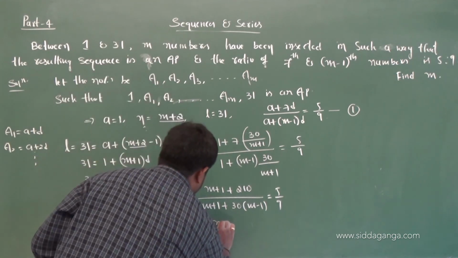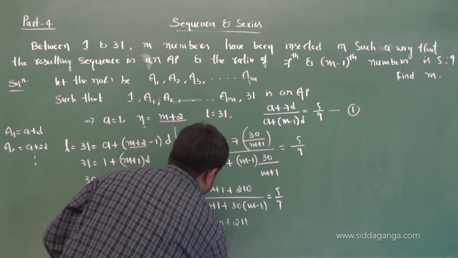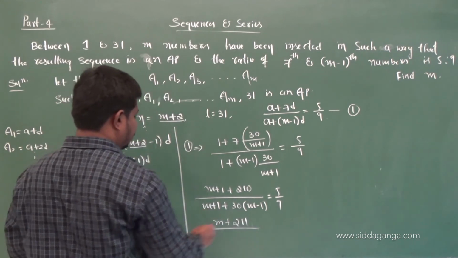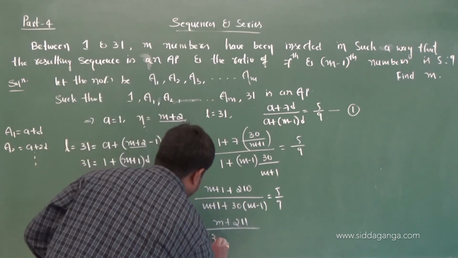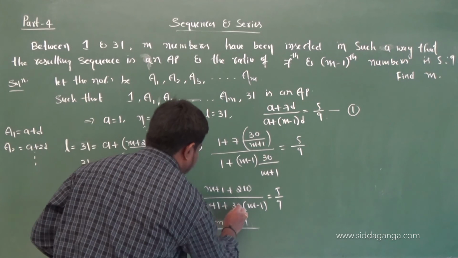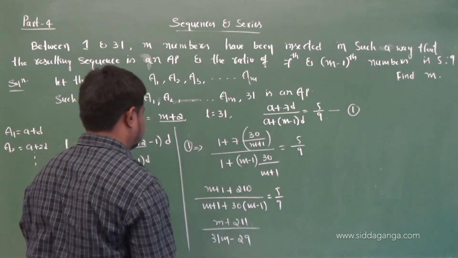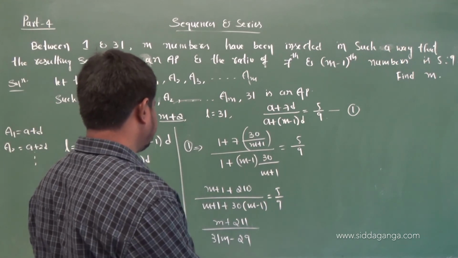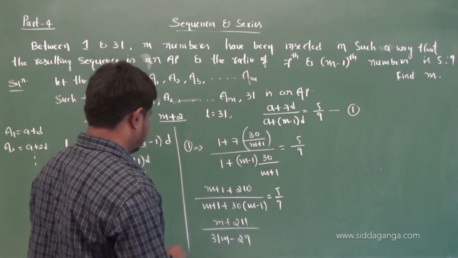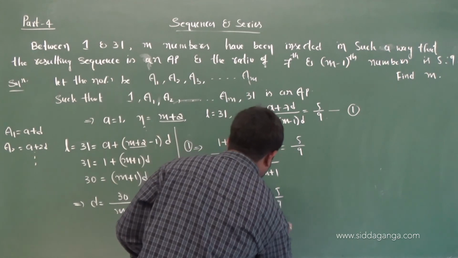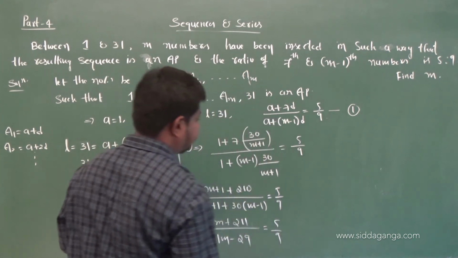So m plus 211, here you get 30m plus m, 31m, 1 minus 30 is minus 29, this is 5/9.